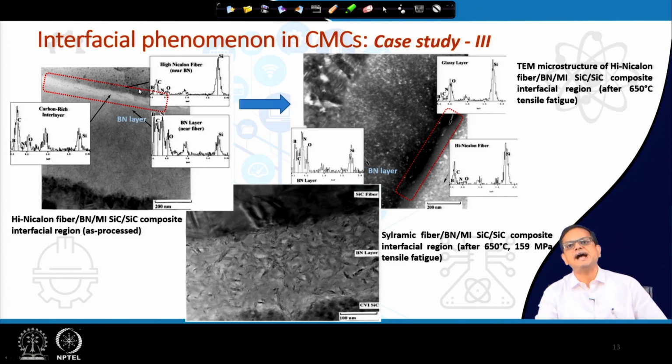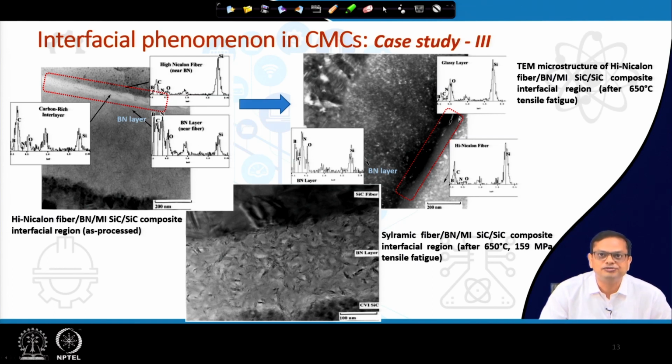When you do the test at higher temperature, this carbon gets oxidized and goes out, and some amount of silicon from the silicon carbide also gets oxidized, and that forms an amorphous or glassy layer next to the boron nitride layer.